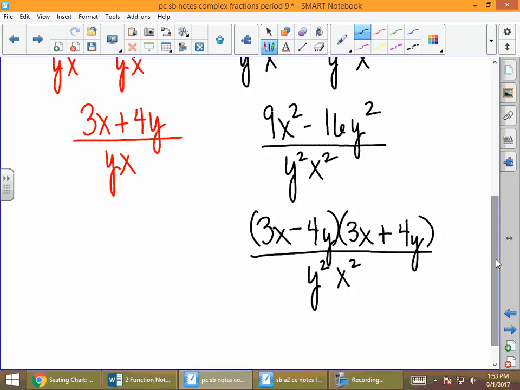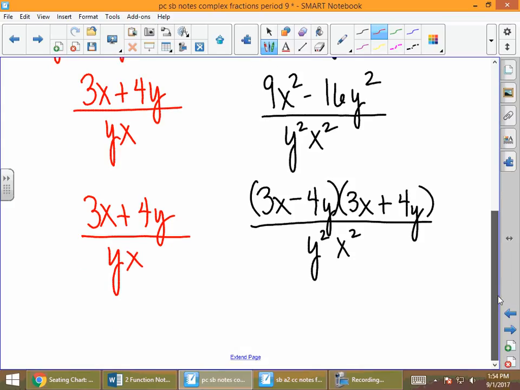Well, now we've simplified the top of the fraction, we've simplified the bottom of the fraction, and now we need to divide. So I'm going to write it again. And I think I can squeeze it in. I hope I'm not messing you up too much. 3x plus 4y over yx. That was the top of the fraction.